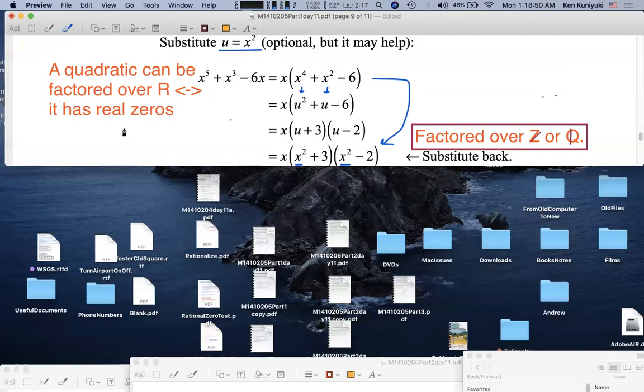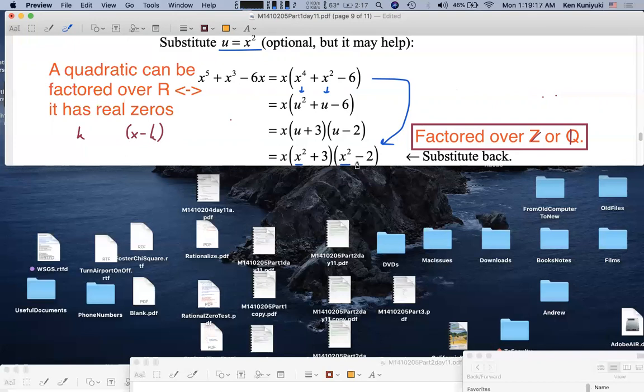And by the way, we're appealing to the factor theorem here. If k were a real zero, then x minus k would be a factor. But now what about x squared minus 2? Well, x squared minus 2 does have real zeros. And you can think of this, in fact, as a difference of two squares. Maybe not nice squares necessarily, but the difference of two squares.